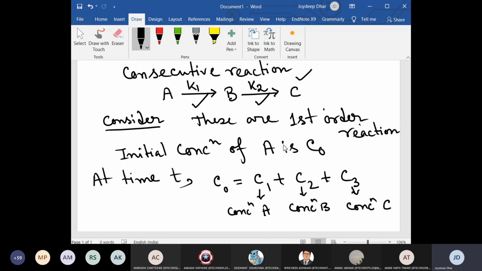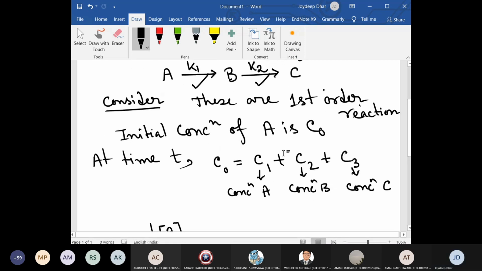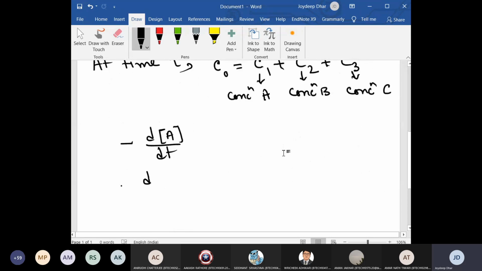So I can say B is forming, in the sense that at some particular time, not at time infinity, some amount of B is present. So I can say component B is forming, dB dt. I have put a positive sign because B is forming in the reaction mixture.